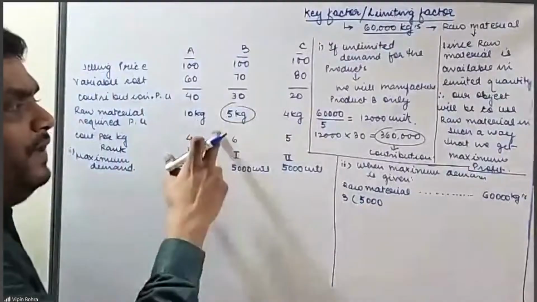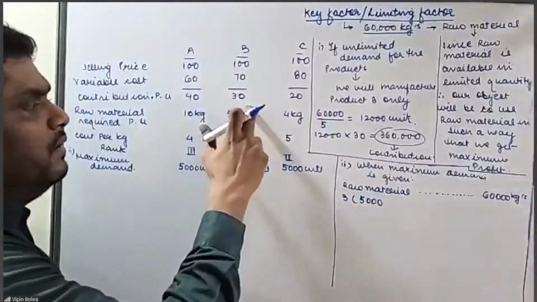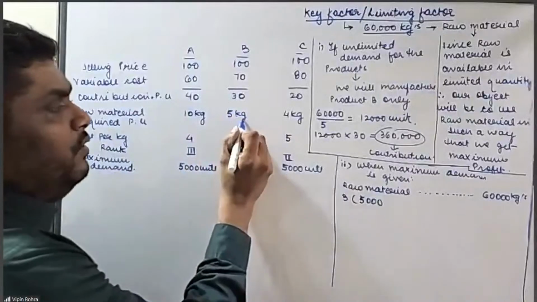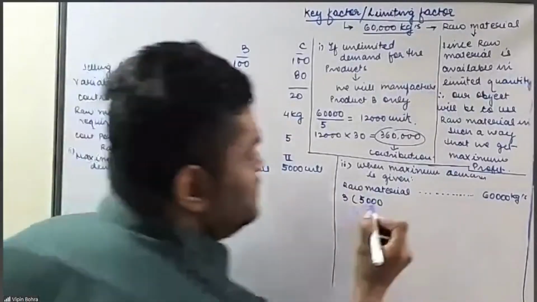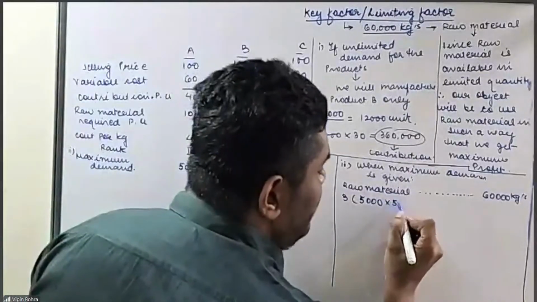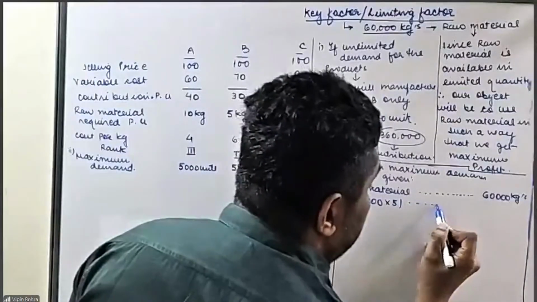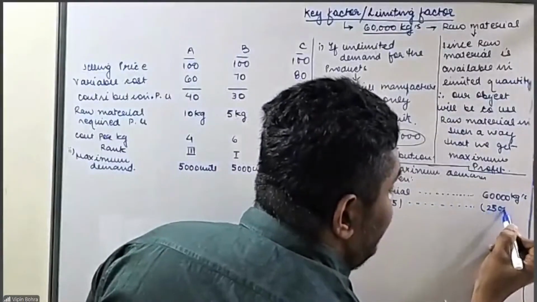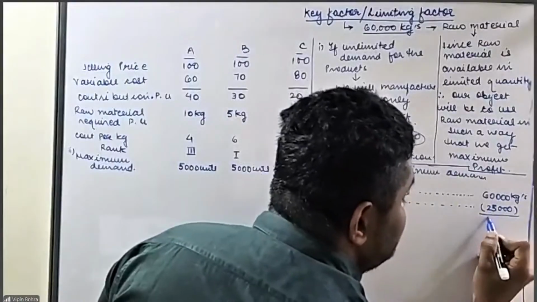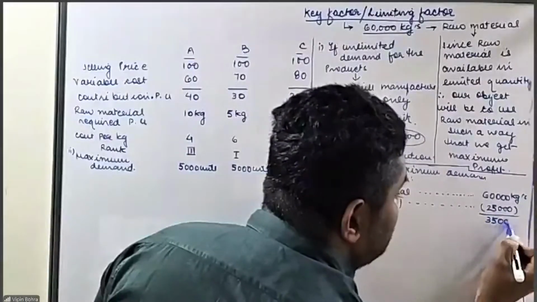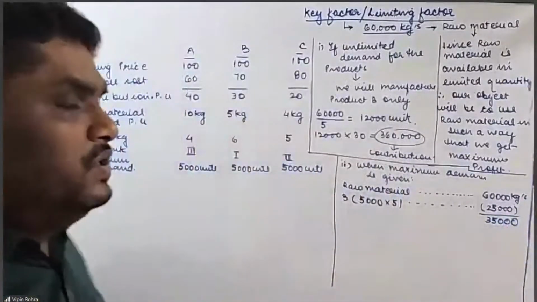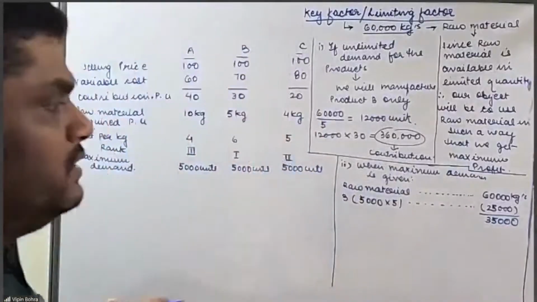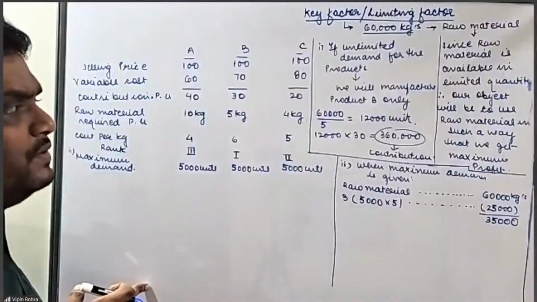One unit requires how many kgs? 5 kgs. So 5,000 into 5, 25,000 kgs is gone. 25,000 kgs is utilized in manufacturing product B. So we are left with 35,000 kgs.